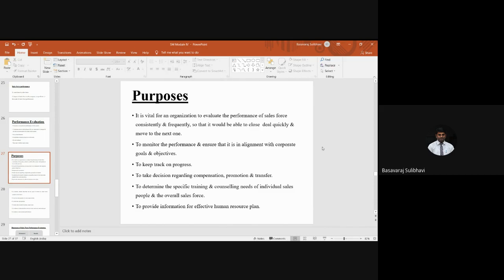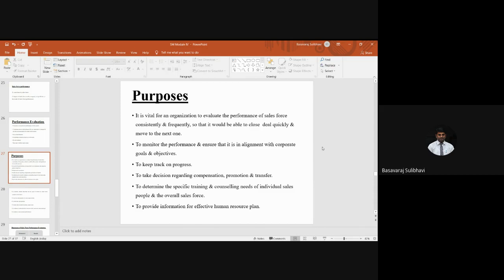Once the performance evaluation is done, you can easily identify those areas where skills, knowledge, or any other behavioral requirements of a salesperson contributing to the performance of selling are lacking. Deficiencies of skills and knowledge among the sales force can be easily identified once you do a sales force evaluation.